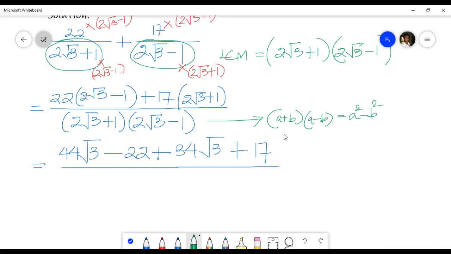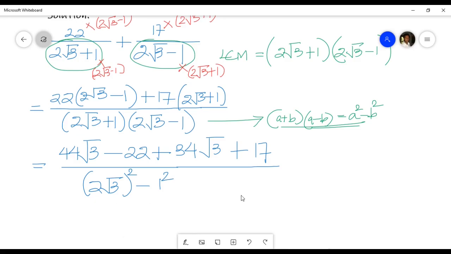A square minus b square. So we'll represent the denominator as a square minus b square. A is 2 root 3 and b is 1. So 2 root 3 whole square minus 1 square, right? Or you can just write 1. Let's see the next step.